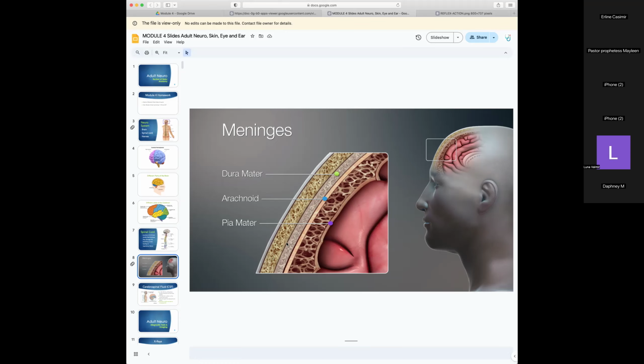Then we have the meningeal layers. So you have hair, skin, the periosteum, the cranium, then the dura mater, then the arachnoid mater, then the pia mater. So from outside to in, DAP, DAP: dura, arachnoid, pia.